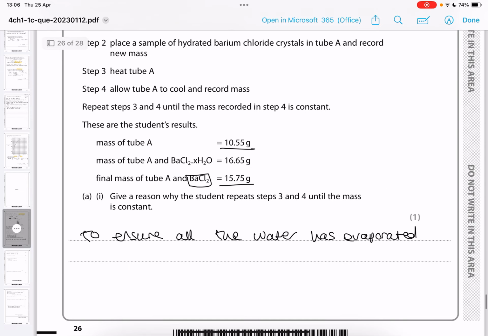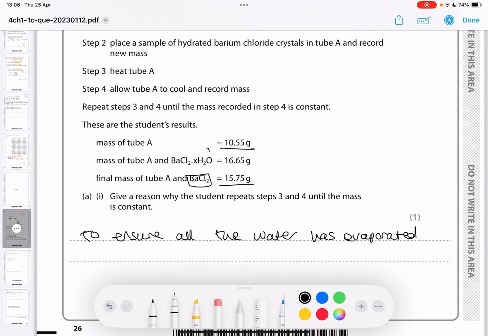Calculate the mass of water lost. So that's going to be 16.65 minus 15.75, because as you can see here, this is the mass of tube A and BaCl2.XH2O, so hydrated barium chloride, and this is tube A plus barium chloride. So if you subtract these two, you'll get how much water has been lost.